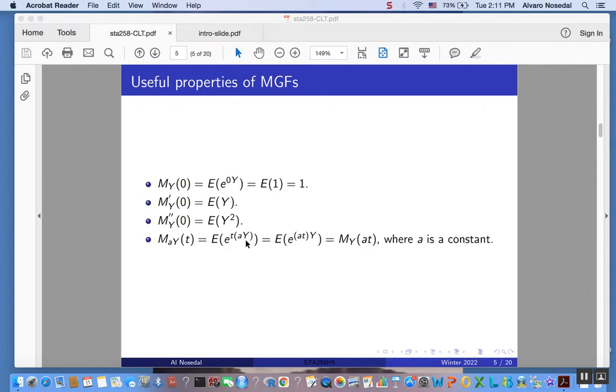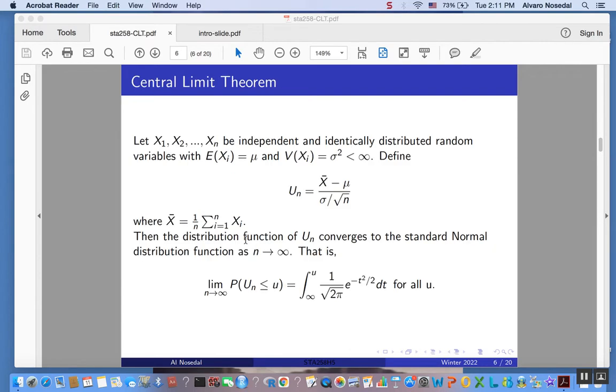Okay, here we go. Now let me show you the statement of our theorem. So we have a simple random sample of random variables x1, x2 up to xn. They are independent, identically distributed, meaning that they have the same distribution, and all of them have the same mean.